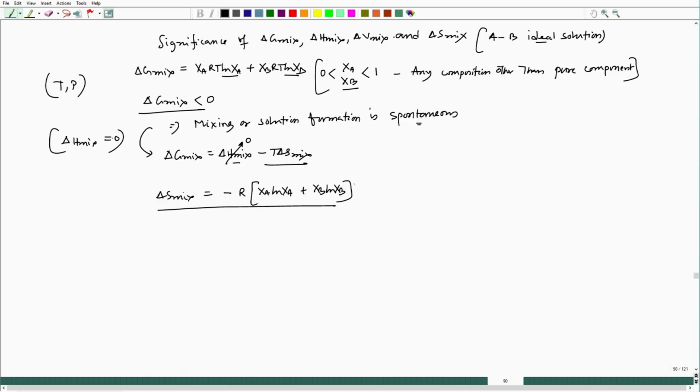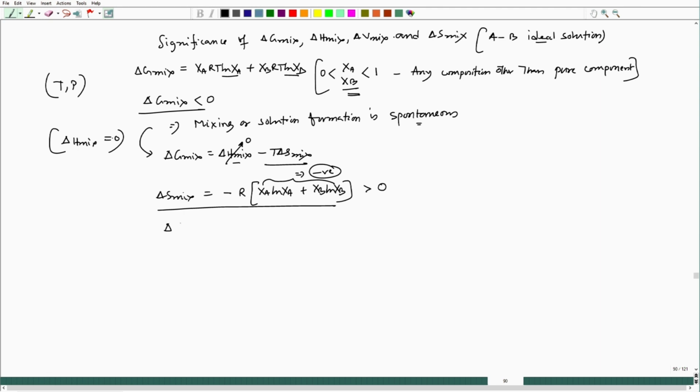Now, the same condition of xa and xb will be applicable here for the solution formation. So, this quantity goes negative, so actually it becomes positive.